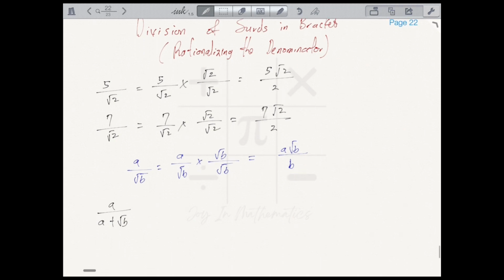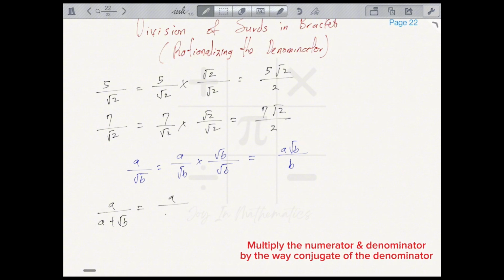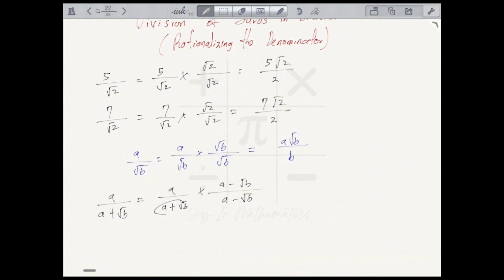The principle here is that we multiply the numerator and the denominator by the conjugate of the denominator, a minus root b, such that when we apply multiplication on the denominator, we would be left with a rational number, because we know that a plus root b multiplied by a minus root b will give us a whole number in terms of a squared. We take the square of the first term and we subtract the square of the second term.